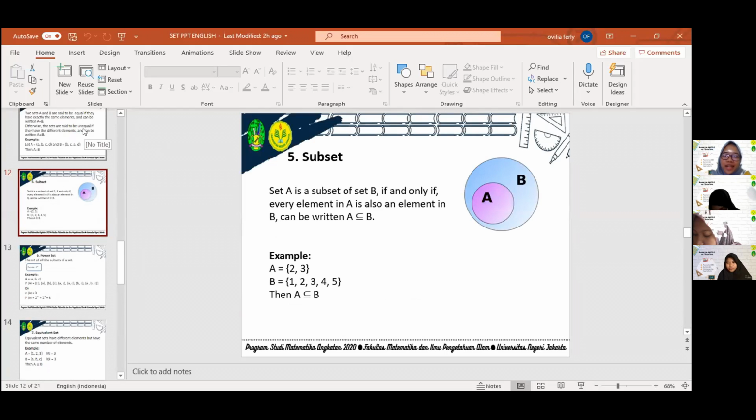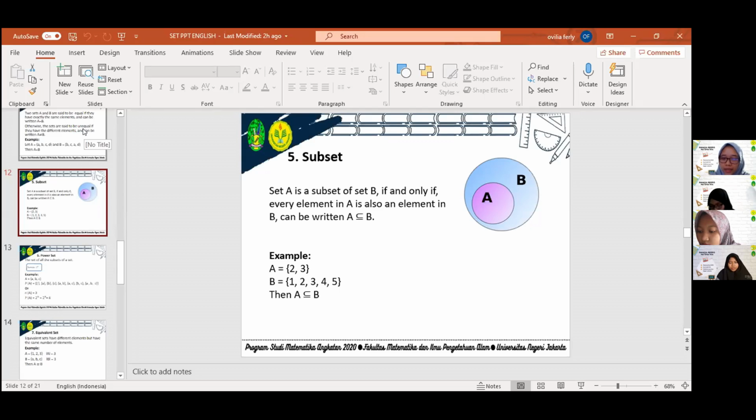Okay, I will try to answer your question. If subset is only, like this, A has 2 members, 2 and 3, and B has 5 numbers.